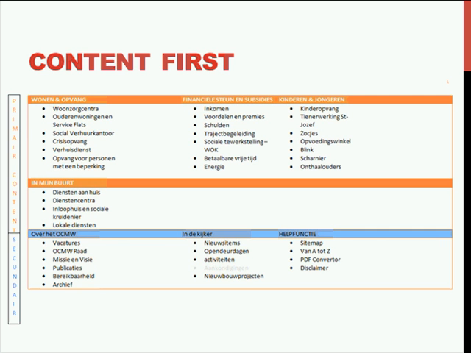Now, how do you create these categories? Well, first of all, you could ask the user. There are several usability techniques for that, but I don't think there's enough time to go into that. But if you have your inventory, you can start grouping content items together into categories. And this is what I've done here.